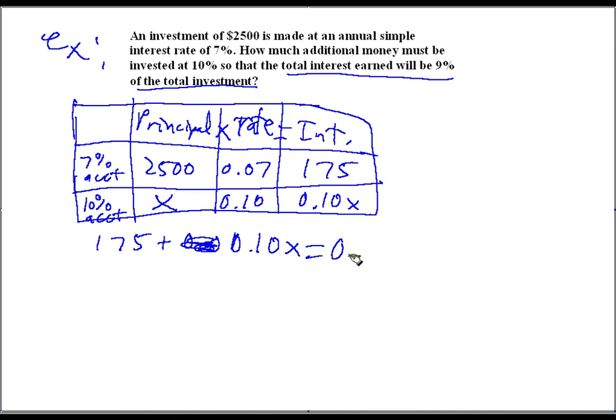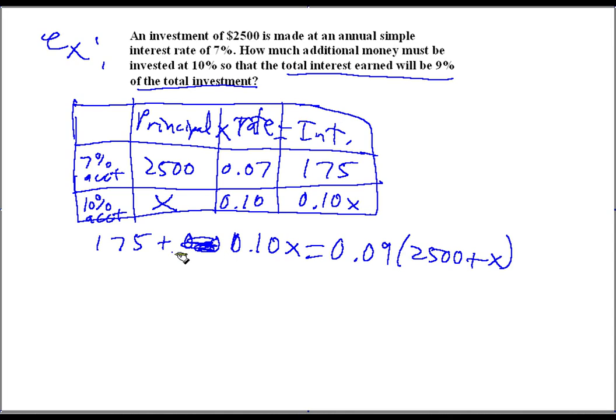So I want it to be equal to 0.09 times, now, if I'm putting $2,500 in here and X dollars in here, then the total investment is what? 2,500 plus X.